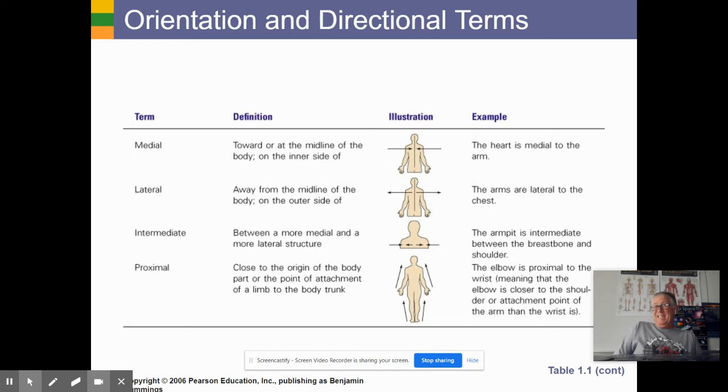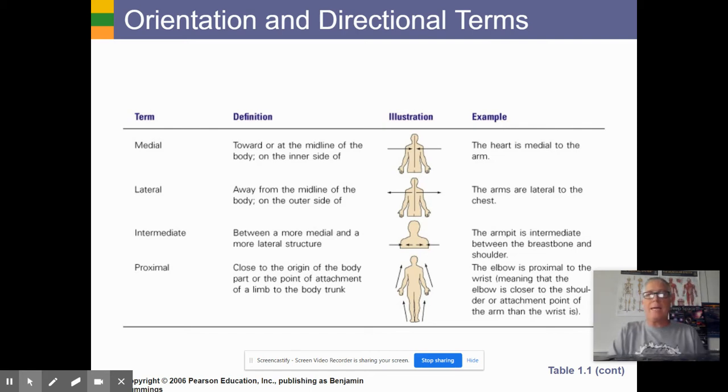My belly button is medial to and superior to my hip. Well, I can use two of those. Lateral means away from the midline. So my arms are lateral to my chest. All right, they're towards the outside.